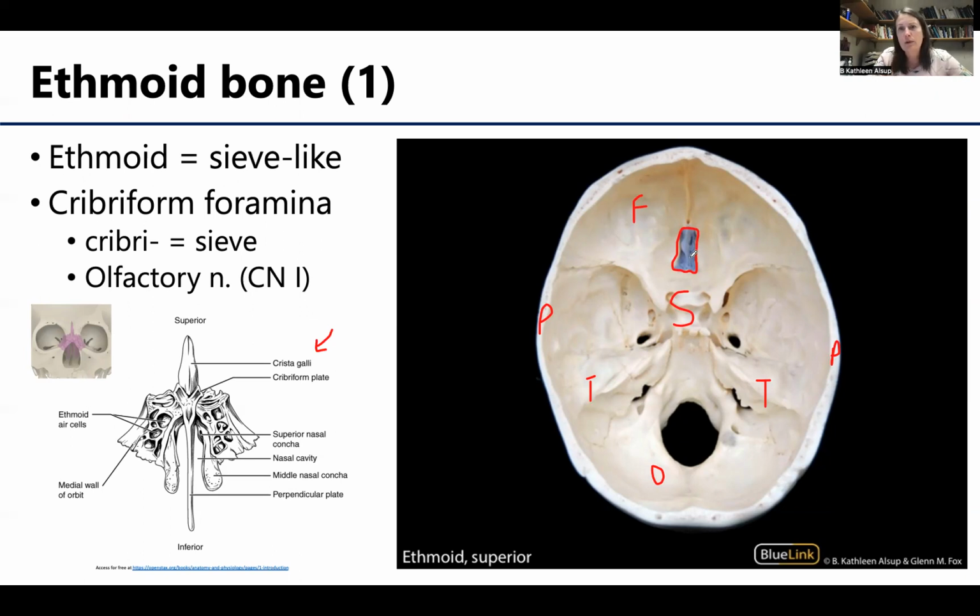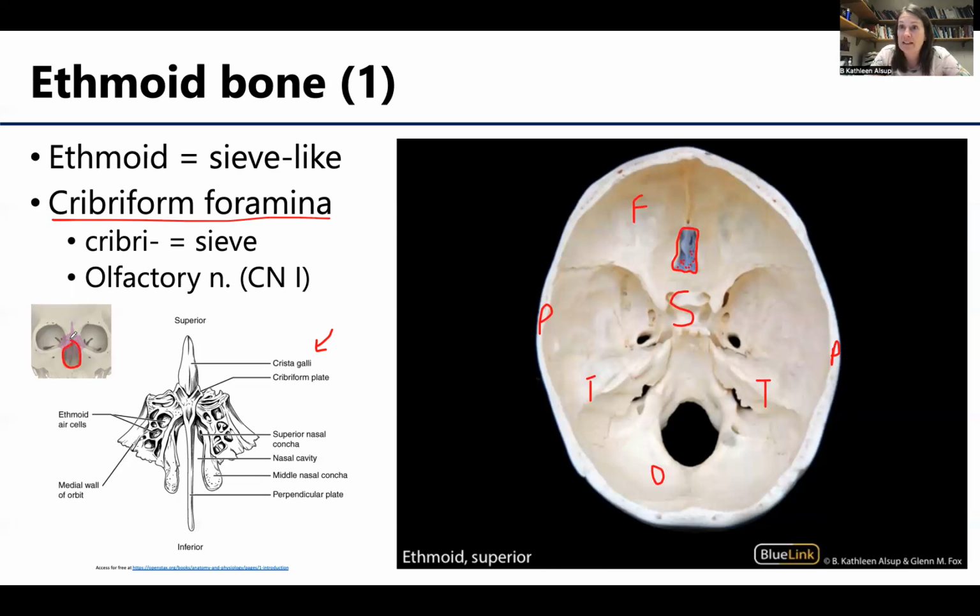And what's notable in this particular view of the ethmoid is you have all these small holes all over the place associated with the ethmoid bone. And these are referred to as the cribriform foramina. And this is a hugely important area because if I were to go right underneath the ethmoid bone, I'm basically in this nasal cavity.